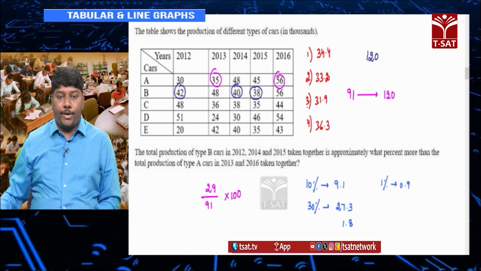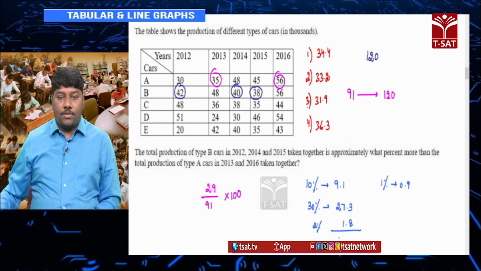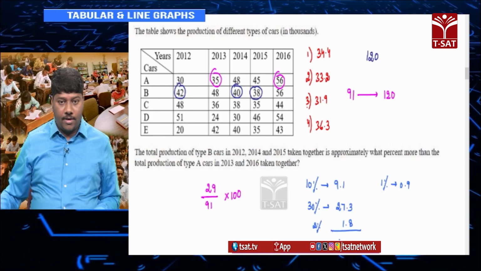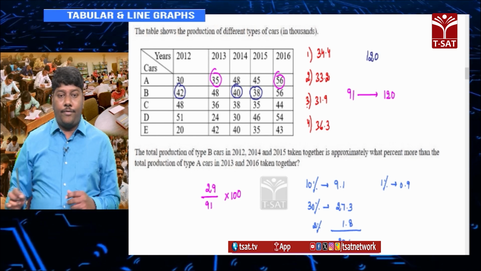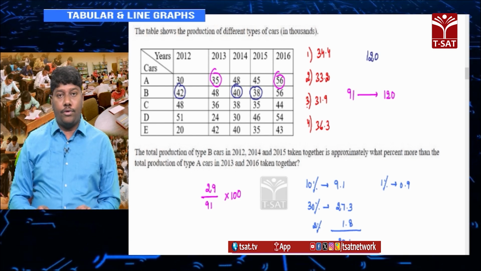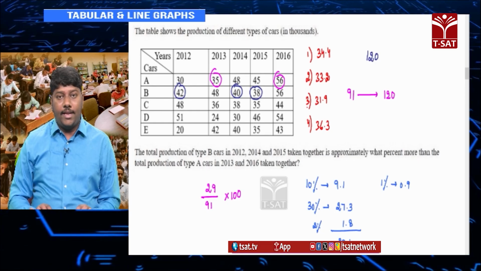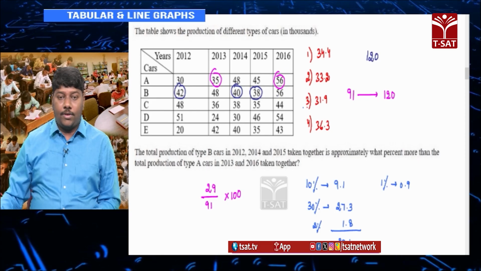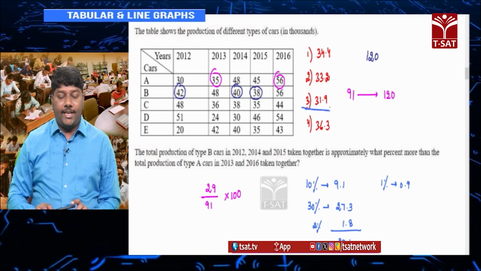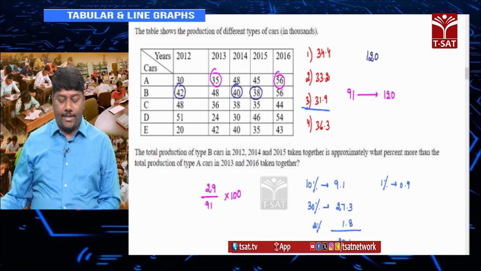If you add 1.8, that is 2%, you are getting how much? 29.1. So therefore, I would say 32% gives you 29.1, but I just need 29. Therefore, it is little lesser than 32. So the answer is your third option. It is little lesser than 32%. So by approximation, you can say that.